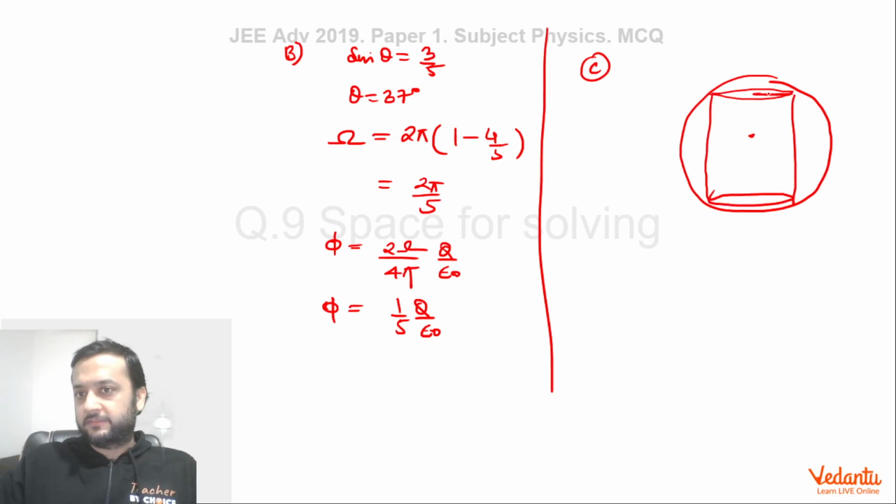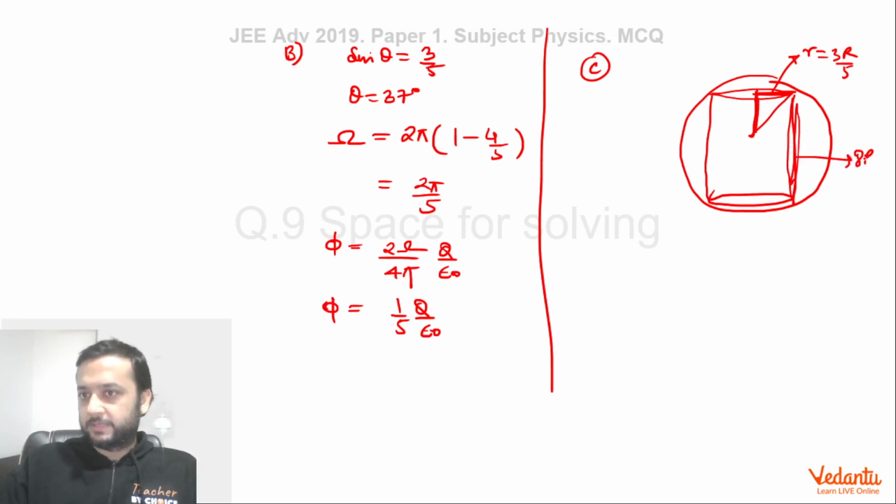If the radius is 3 r by 5, then it is easy to see that this will be 4 r by 5 because this is r. So this height will be 8 r by 5. Make sense? This height will be 8 r by 5.